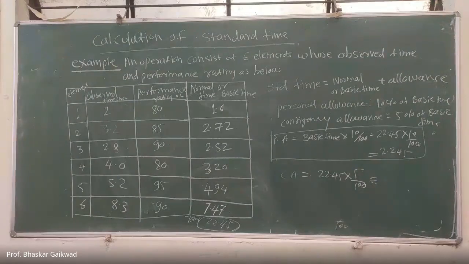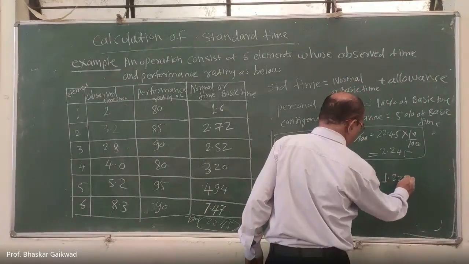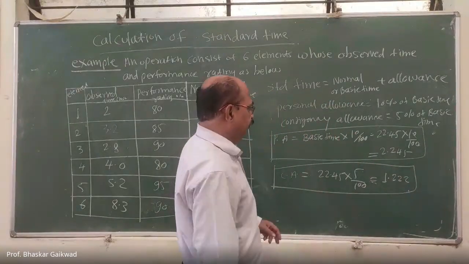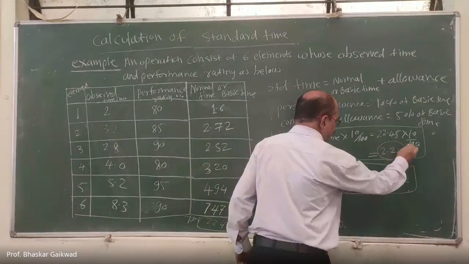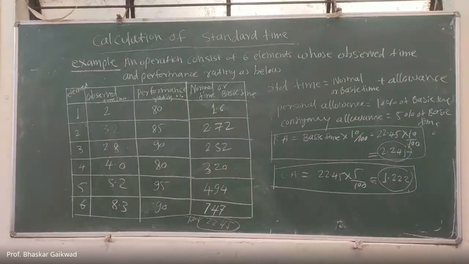As per my answer, that is 1.122. I have rounded the personal allowance and contingency allowance. These two allowances you have to add to the basic or normal time.